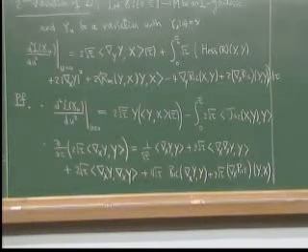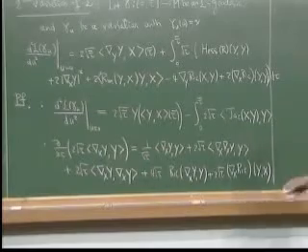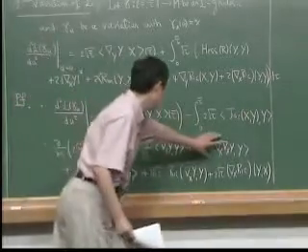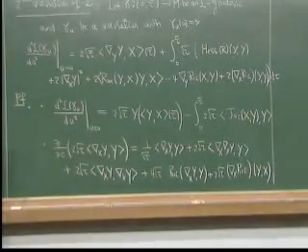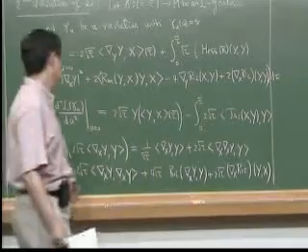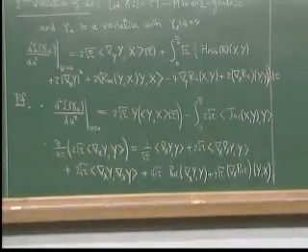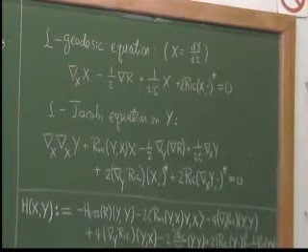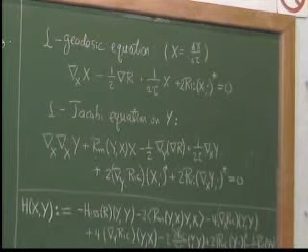Now you replace this term by the rest of the other terms, looking at here and the Jacobi equation, and then you integrate by parts.